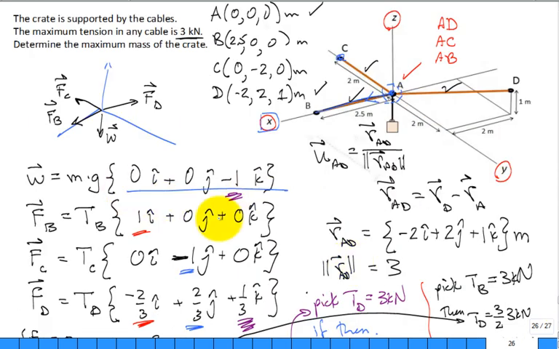This is a unit vector, that's a unit vector, that's a unit vector, and that's a unit vector. If this one is a unit vector down in the negative Z, this is in the positive X, this is in the negative Y, and this is off at some angle in the quadrant over there.